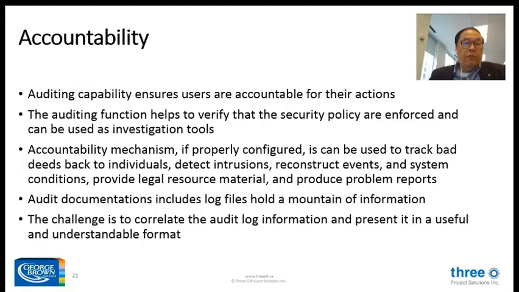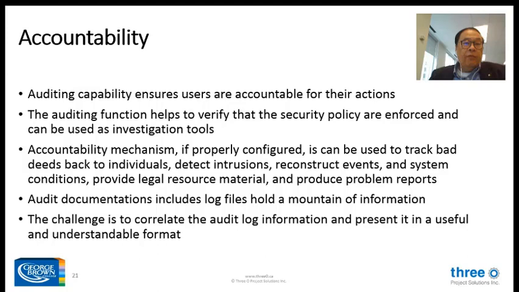Of course, you need human resources to try to correlate the audit log and the persons and so on. Logging and monitoring is a key security feature, but it's not something that is trivial. You can collect all the accountability information you want, and that's not difficult to do. But to correlate, make use of, and make sense of the audit trail data, that's the challenge.